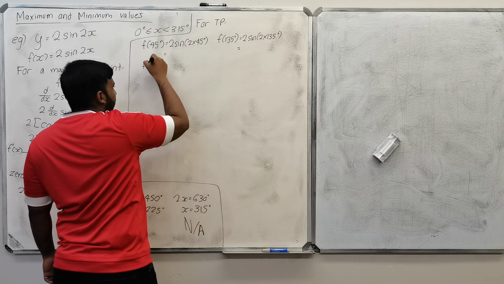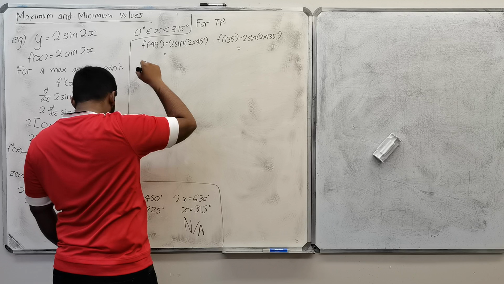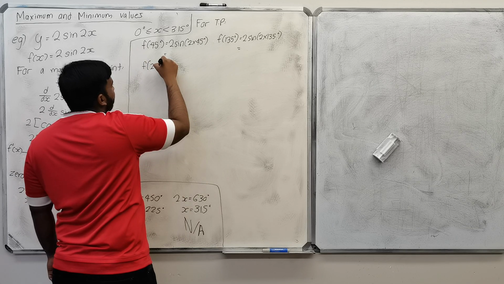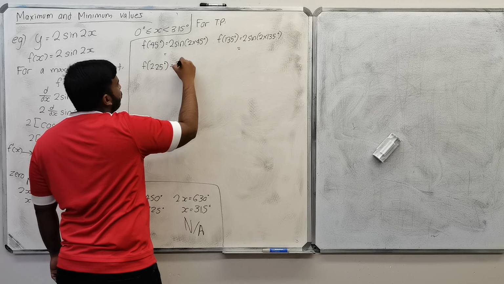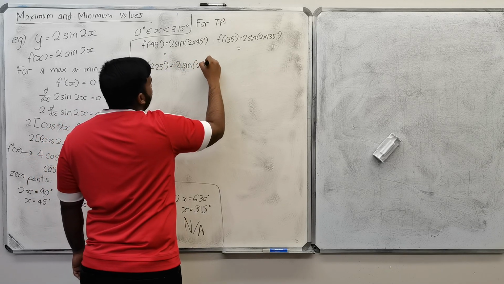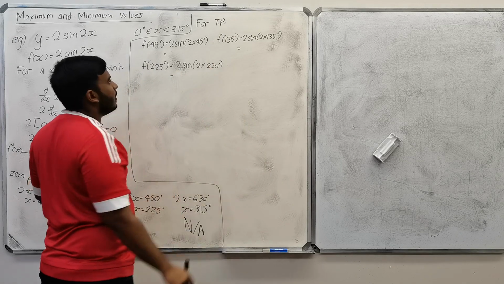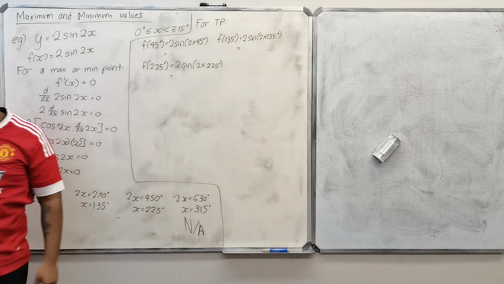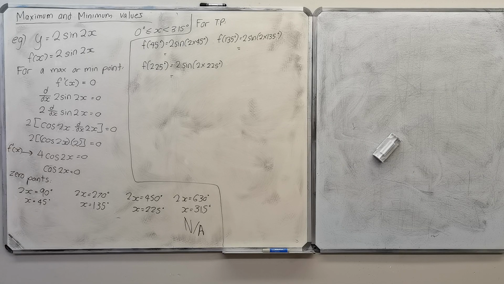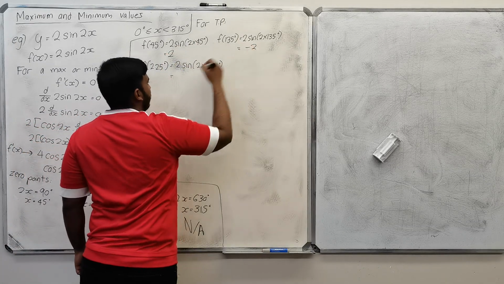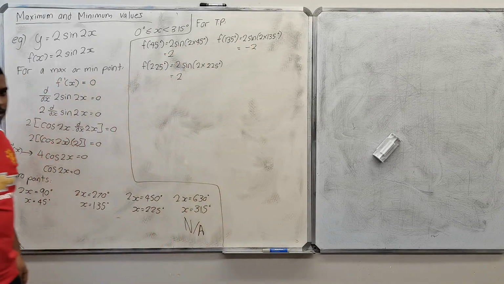And then f of 225 degrees is equal to 2 sine of 2 times 225 degrees. And then what do you get for these numbers? You should end up with 2, minus 2 and 2. Okay?